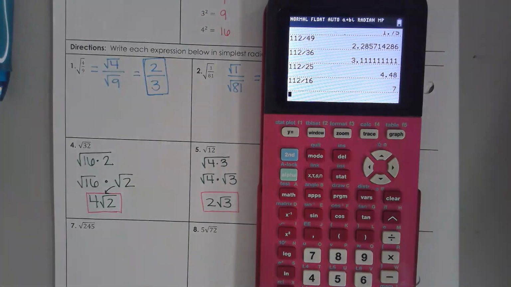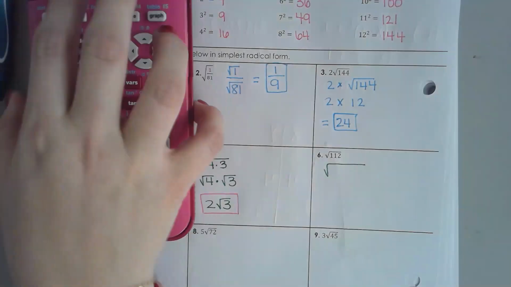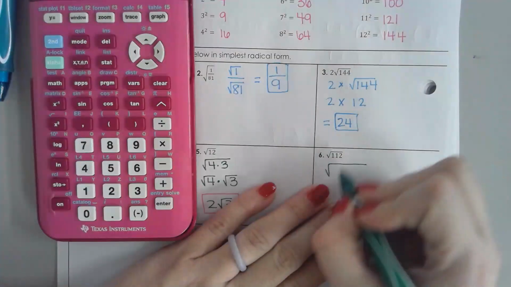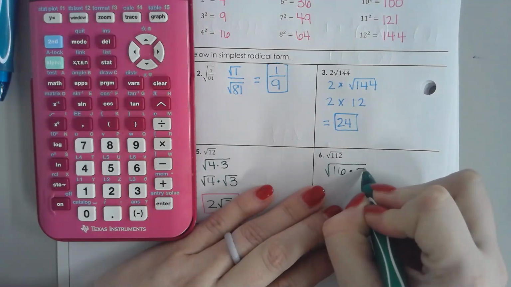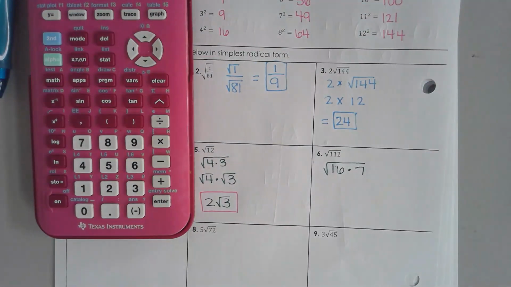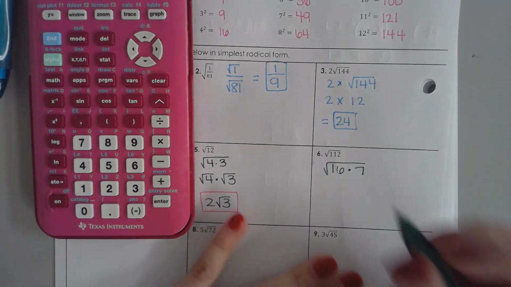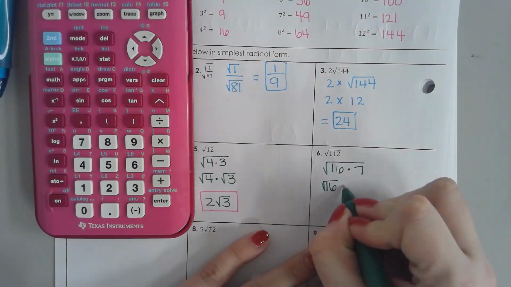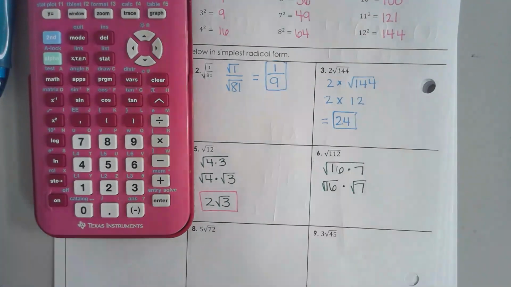I can rewrite 112 as 16 times 7, because 16 times 7 is 112. And then I can make this the square root of 16 times the square root of 7.